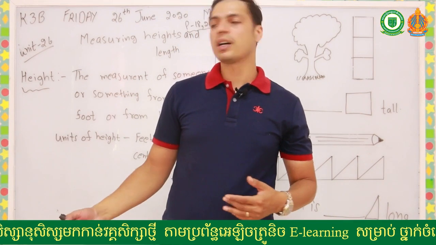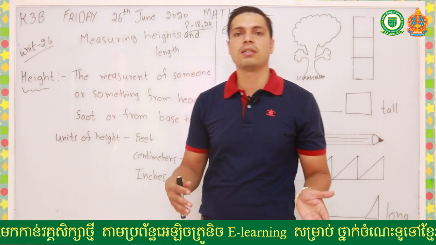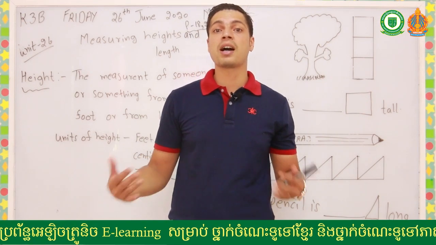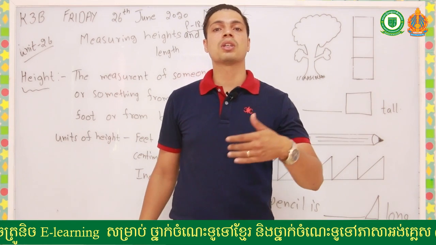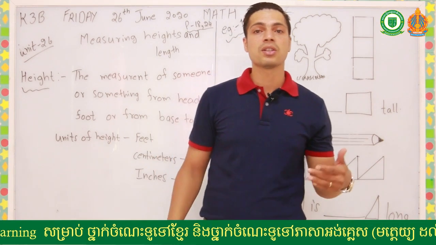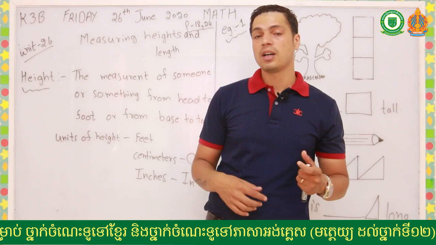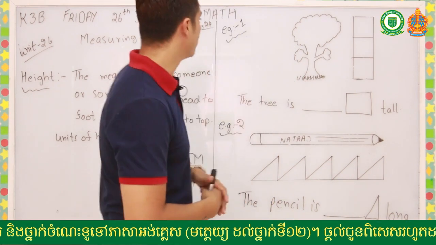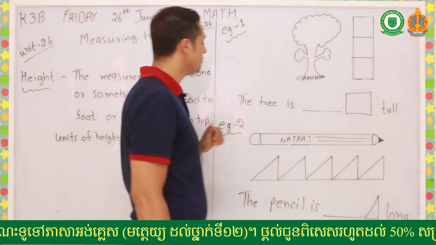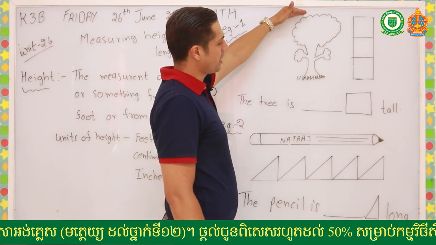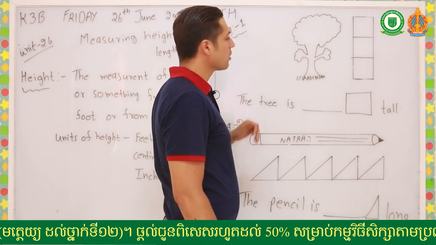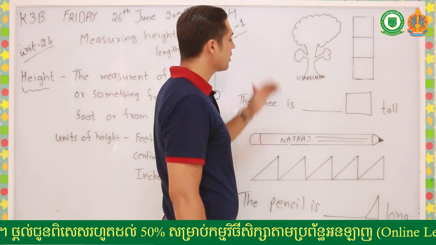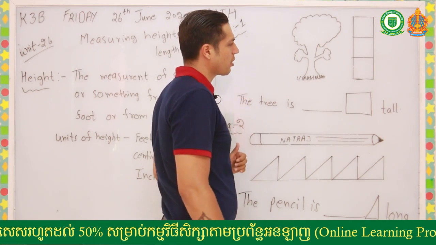So apart from using a measuring tape, how can we measure the height of something? We can use some things to measure the height of anything. Okay, I have one example here. First example. I have a tree and boxes. We want to know the height of the tree.